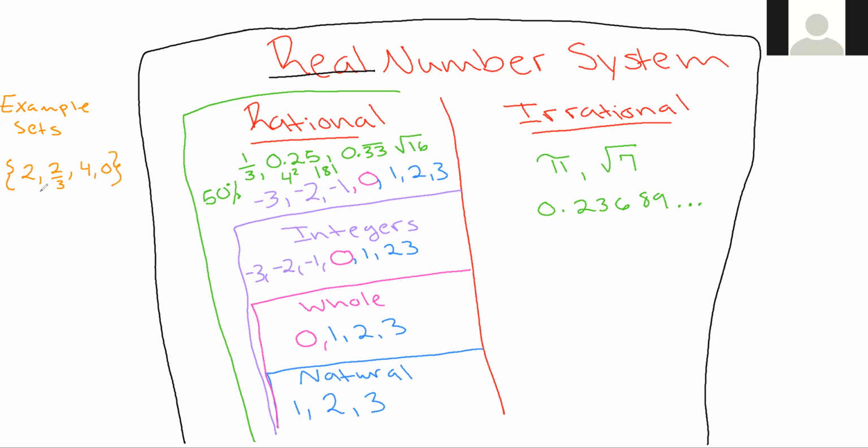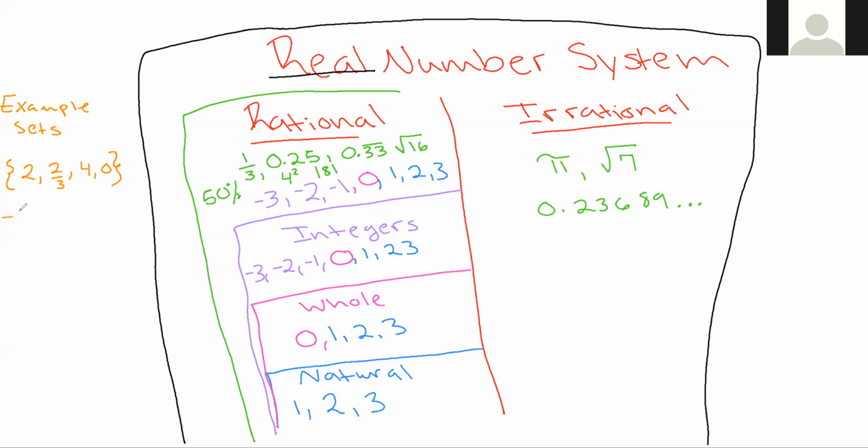And I want to know which categories or which subsets of the real number system best describes this whole set. I'm going to look at what categories each of these numbers fall into, and it has to apply to all. So this was a quiz question that a lot of us missed because it did not apply to everything.